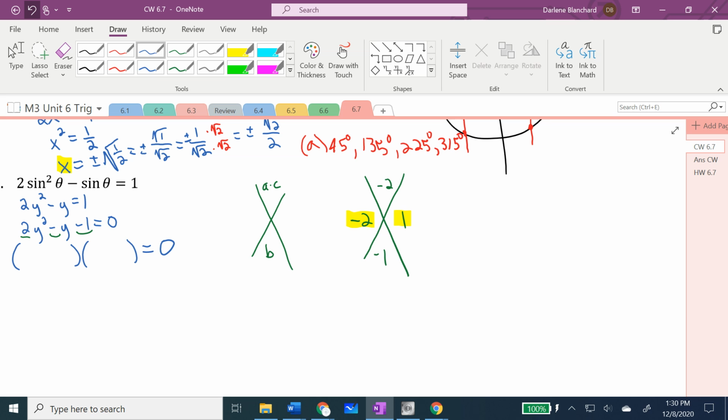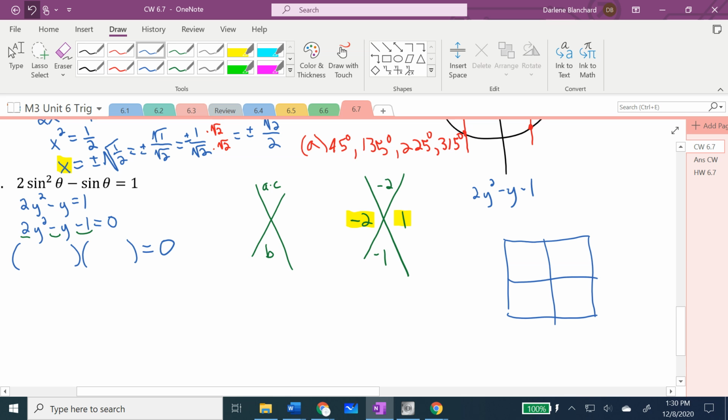That means as I go about factoring 2y squared minus y minus 1, and I make my box for multiplication, I know that inside I have my leading term, my constant term, and then the middle term is split up in this manner.